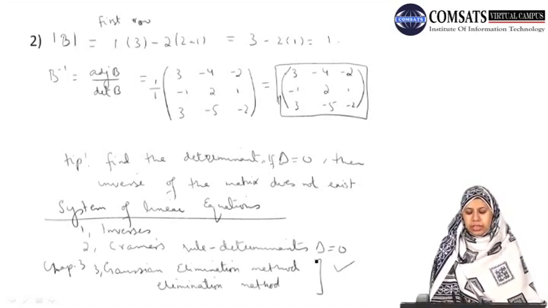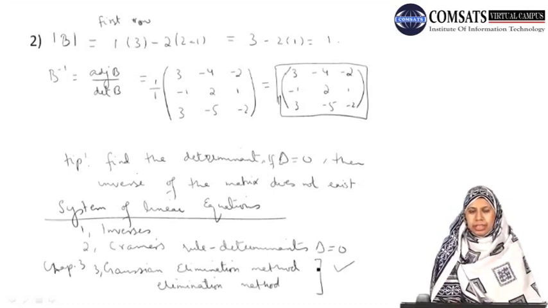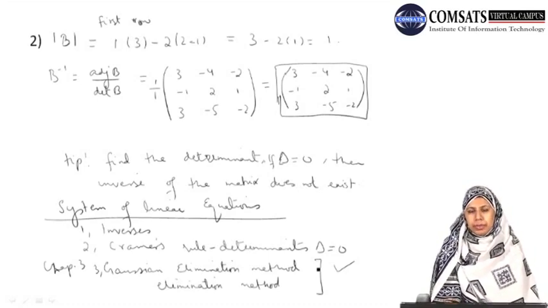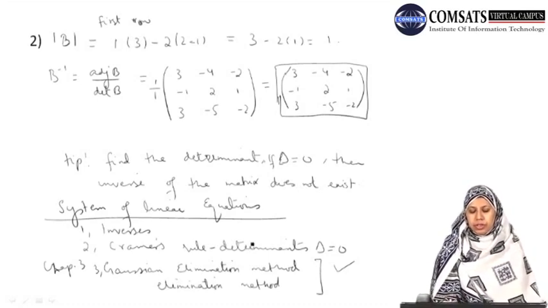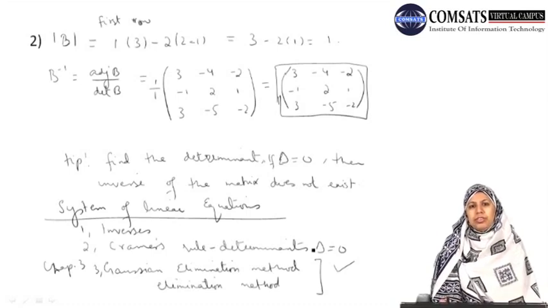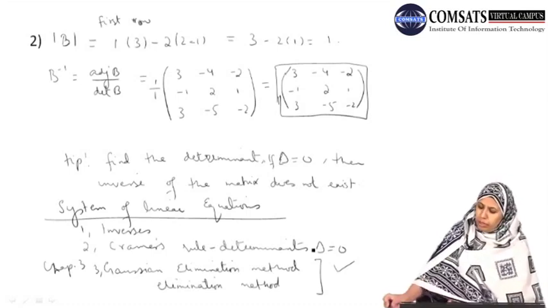But by using the Gaussian elimination method, we can clearly see what type of solution we have. That is, either the system has a unique solution, or no solution, or infinitely many solutions. So the Gaussian elimination method is preferred when we are asked to find the solution of the unknowns appearing in our system of linear equations.